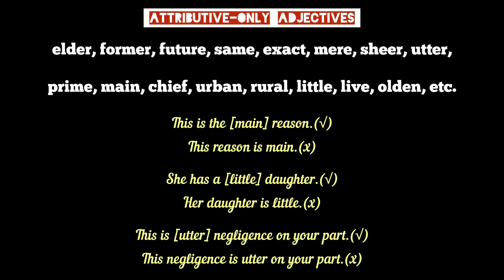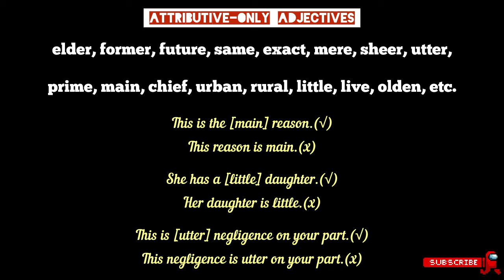Now up there on your screen are certain adjectives which are only used attributively. Elder, former, future, same, exact, mere, sheer, utter, prime, main, chief, urban, rural, little, live, olden, etc. are attributive only adjectives.